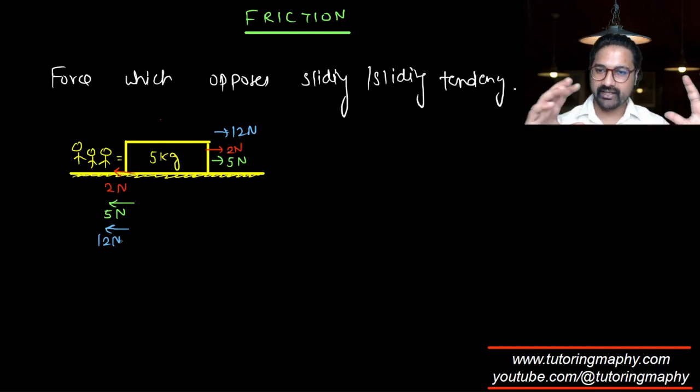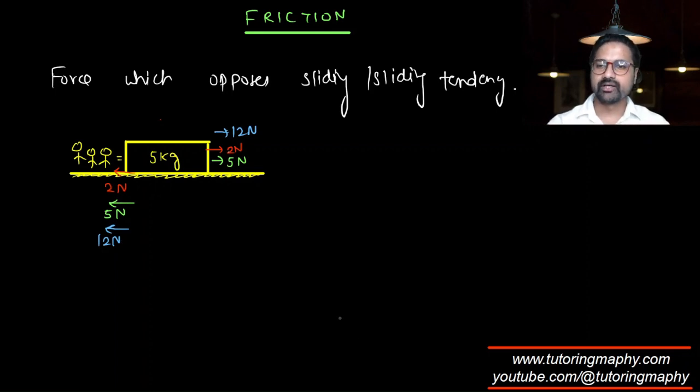It means that the friction is not going to keep on increasing itself forever. Otherwise the block would never move, which is obviously not the case. There is a limit to which the friction is able to oppose the motion, which is 12 Newton.